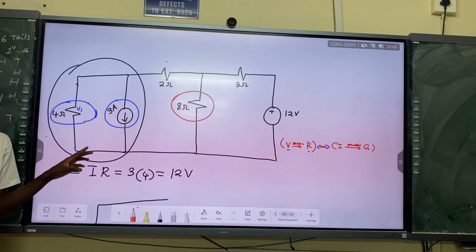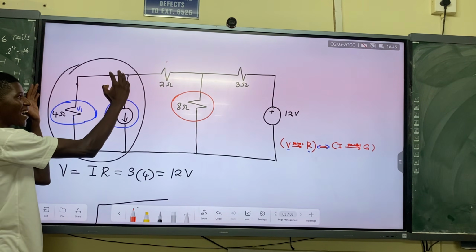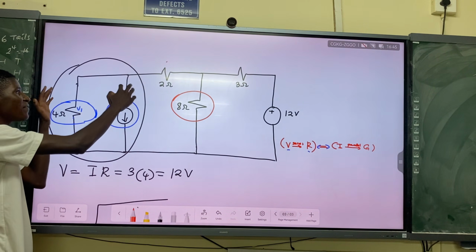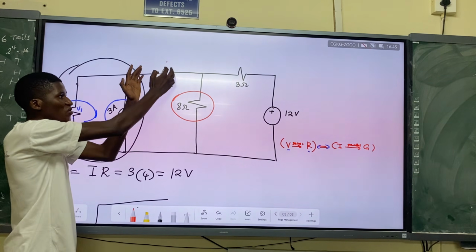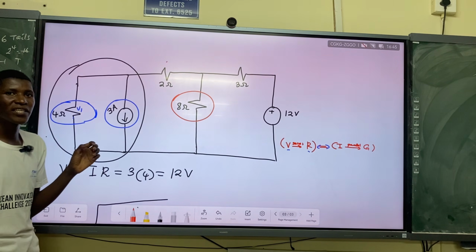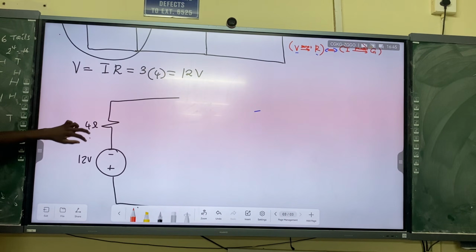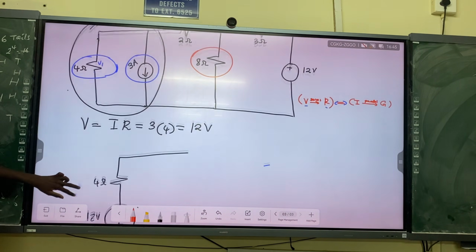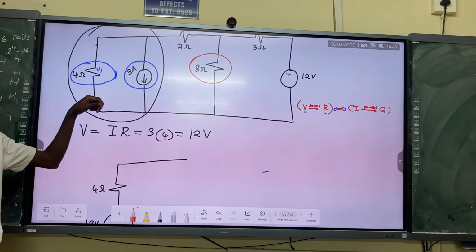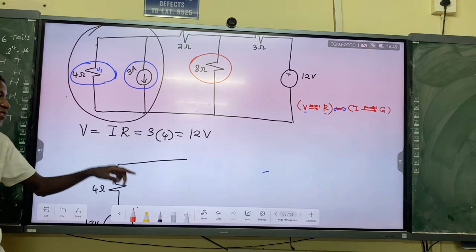They are in series. So this whole thing we have here is receiving the same current as the 2 ohms. This 4 ohms resistor, we put it back as it is.